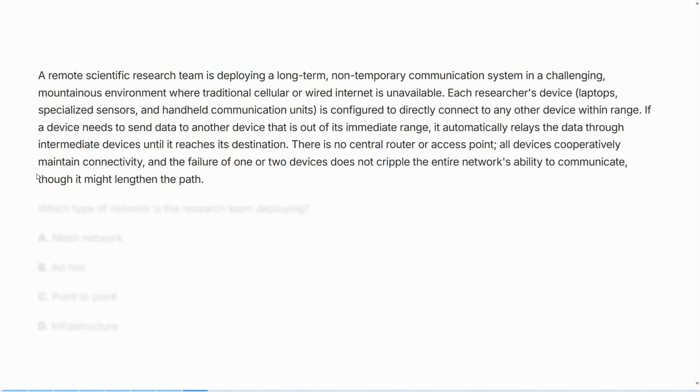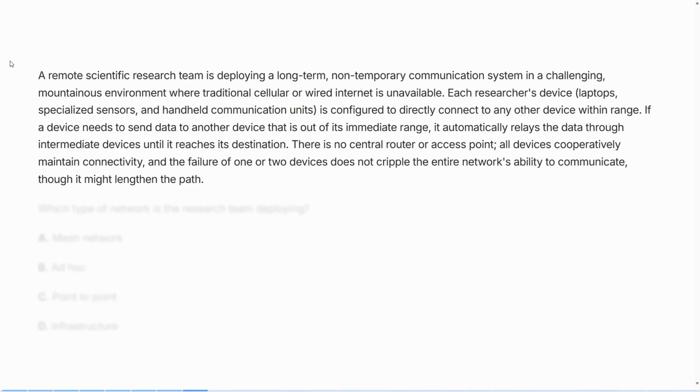The next question reads from exam objective 2. A remote scientific research team is deploying a long-term, non-temporary communication system in a challenging mountainous environment where traditional cellular or wired internet is unavailable. Each researcher's device, such as laptops, specialized sensors, and handheld communication units, is configured to directly connect to any other device within range.